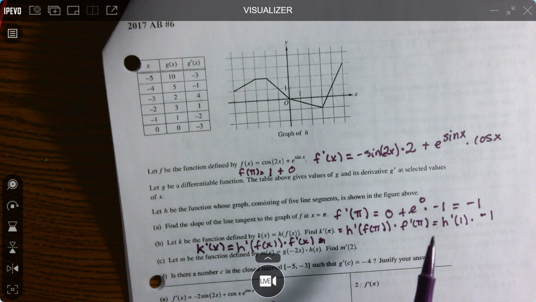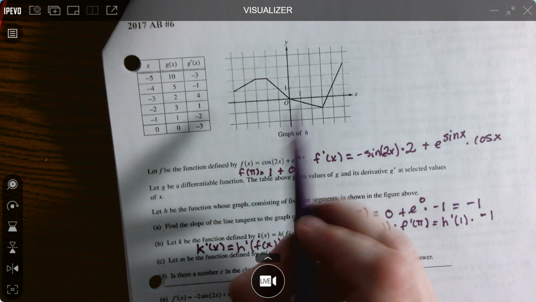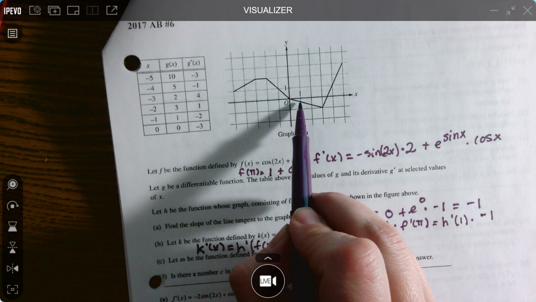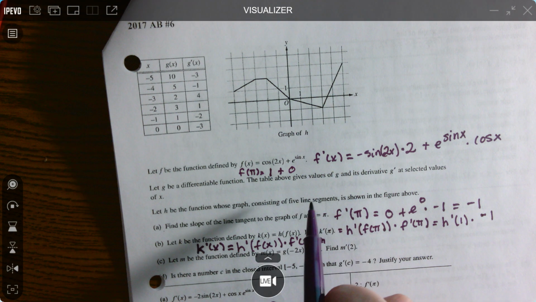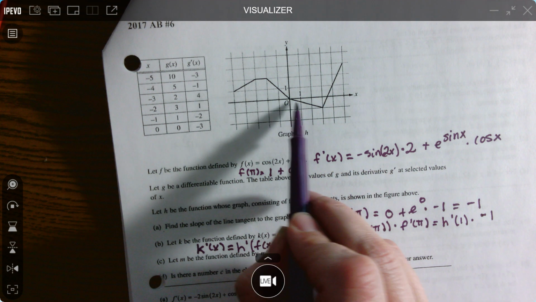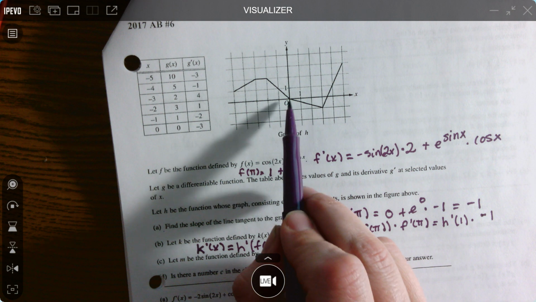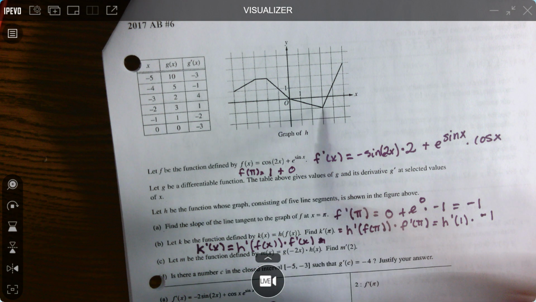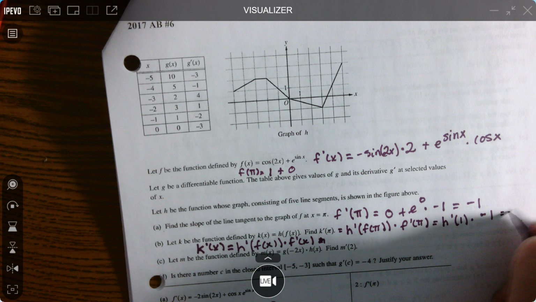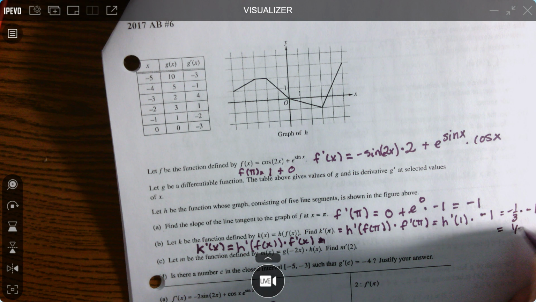So now h prime of 1, I'm going to have to come look at my graph. I need to look at 1. I really want the derivative right here. So I have to remember that since I was given h, if I want the derivative, I'm going to have to look at the slope of this line. This line looks like it goes down 1/3. So let's finish this out. -1/3 times -1, so +1/3 for that one.